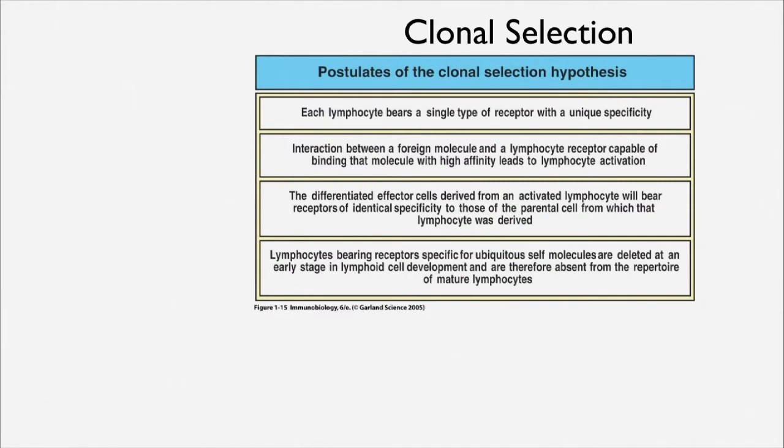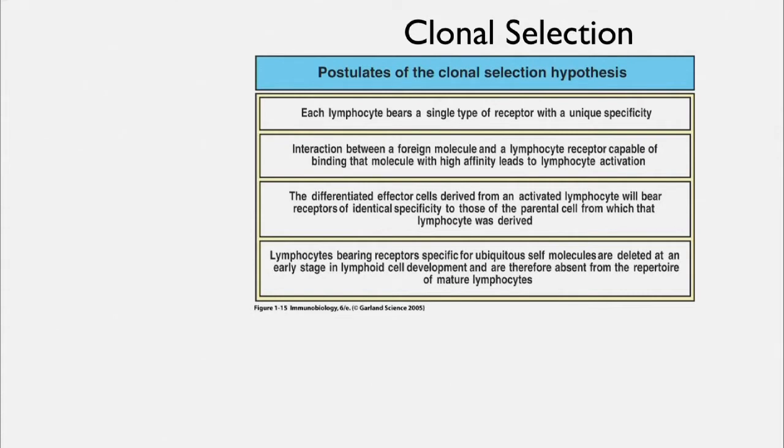Now, the central idea of the adaptive immune system is clonal selection. And it can be summarized like this. Every lymphocyte has a specific receptor with a unique specificity.